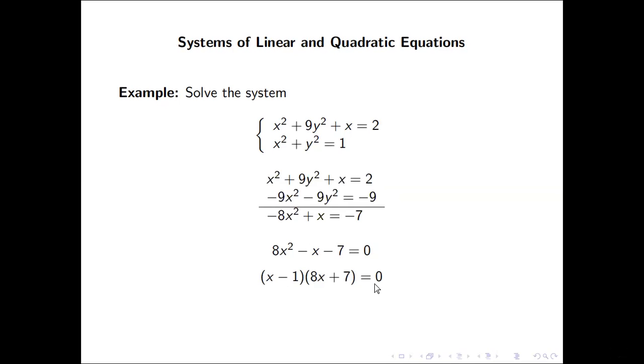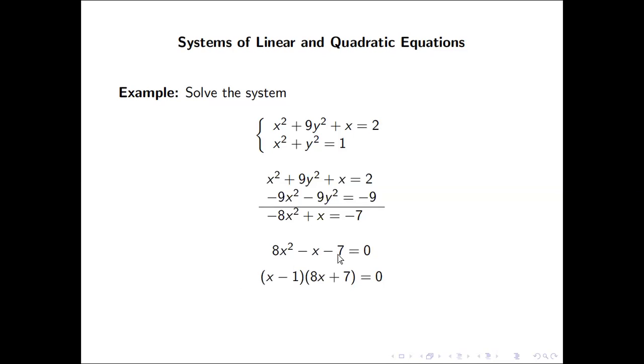You may want to review your factoring techniques. All you have to do is think of factors of 8 and factors of -7. So for the x, you can have either 1 and 8 or 2 and 4. And there's only one combination that will work, so this will have to be done by trial and error.